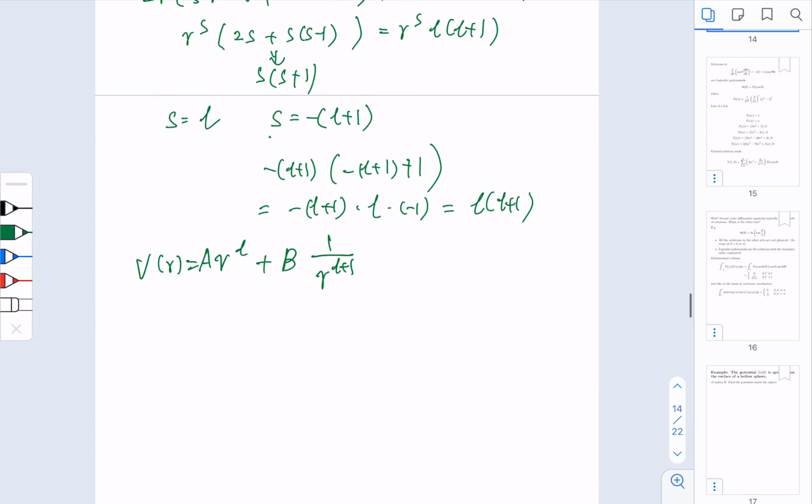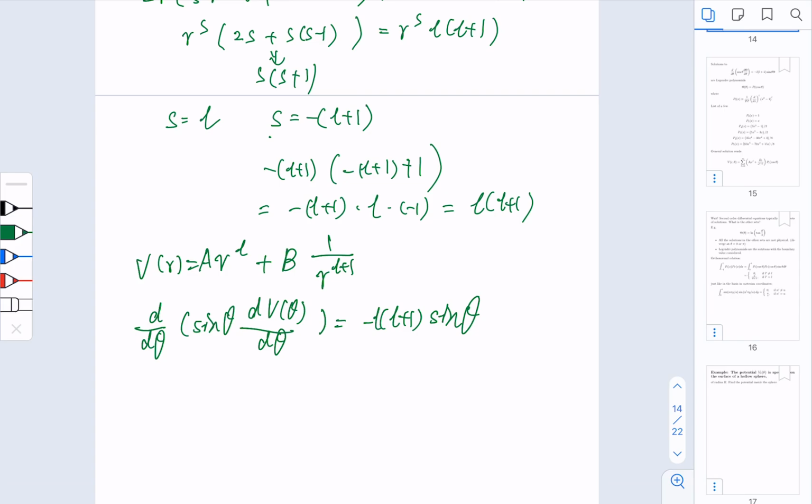Now let's take a look at the angular direction. In the angular direction, this is the ordinary differential equation we want to solve.